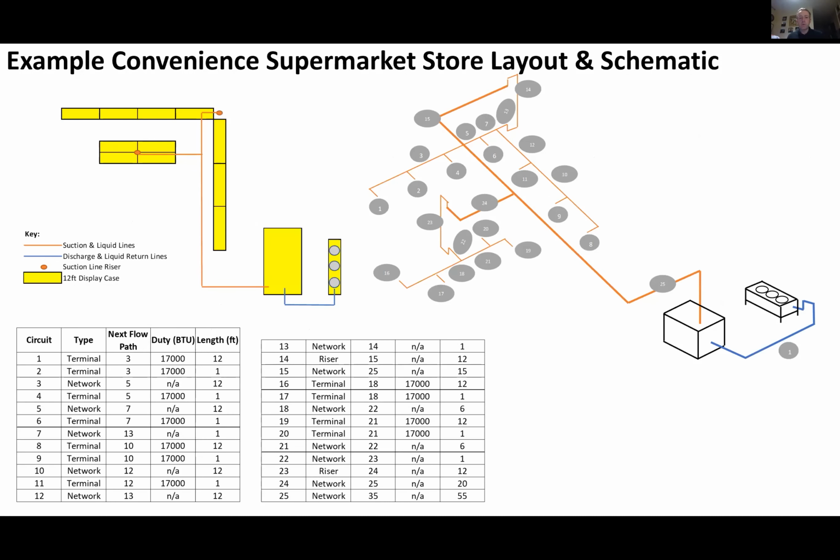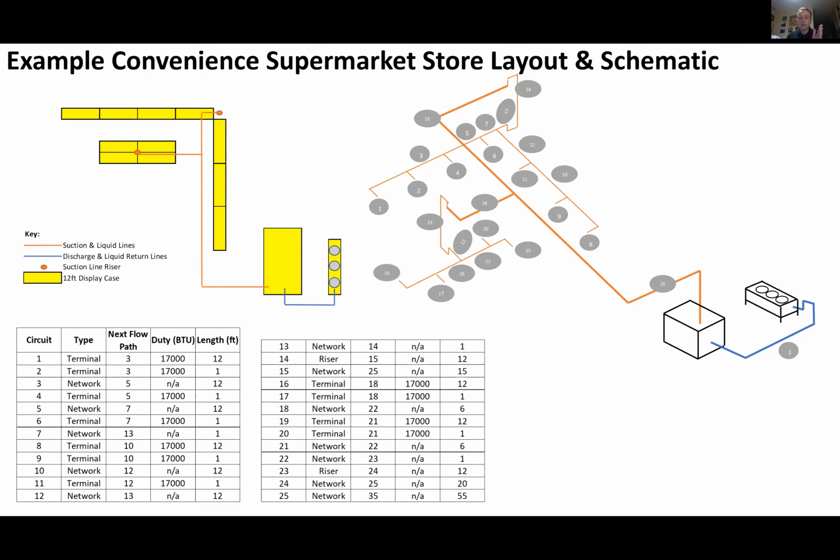So we get to the crux of what the demonstration is going to be. Everybody on the session, you're not going to be able to see this screen once I launch MicroPipe, but I would like to spend just a little bit of time explaining. At the top left hand, a crude sketch of a typical very small convenience store. At the top, we're looking at four 12-foot display cases multiplexed. Just in front, a small island with four display cases.